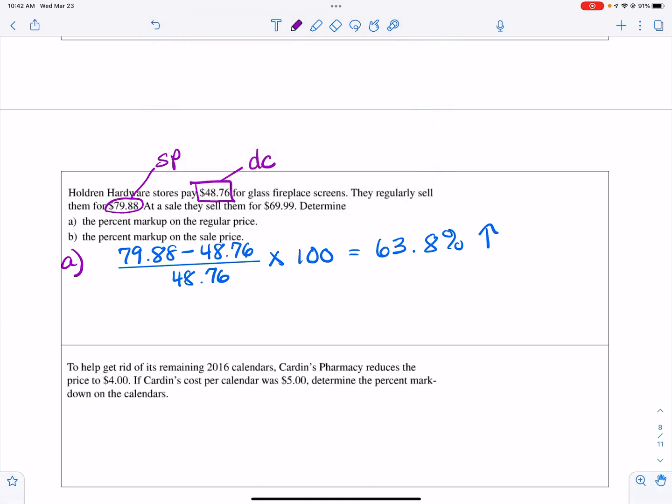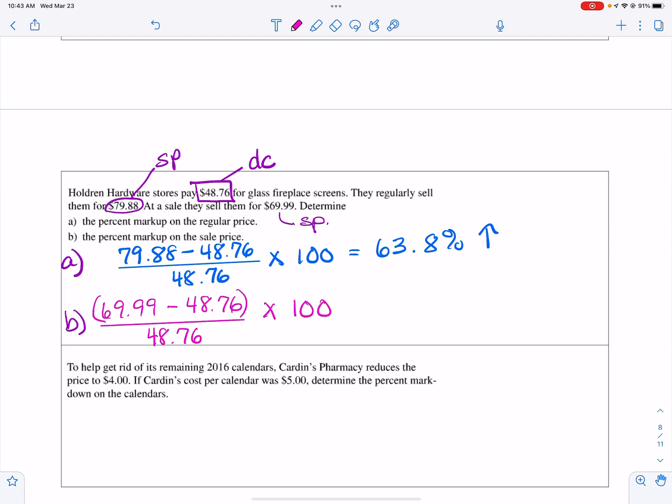Now, for the next problem, they're going to say, okay, we're going to mark this thing down on sale. And so on sale, we're now going to sell it for $69.99. So this now is my selling price. The dealer's cost hasn't changed. So now we have $69.99 minus $48.76. Again, hit either equals or put this in parentheses, divide it by 48.76, and then times it by 100.